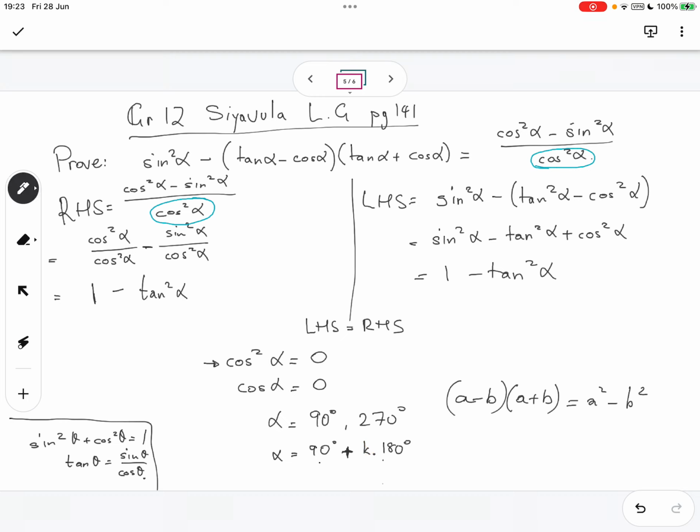So what that means is, again, for cos squared alpha, alpha must not equal 90 degrees plus k times 180 degrees. So our identity is undefined at alpha equals 90 degrees plus k times 180 degrees.